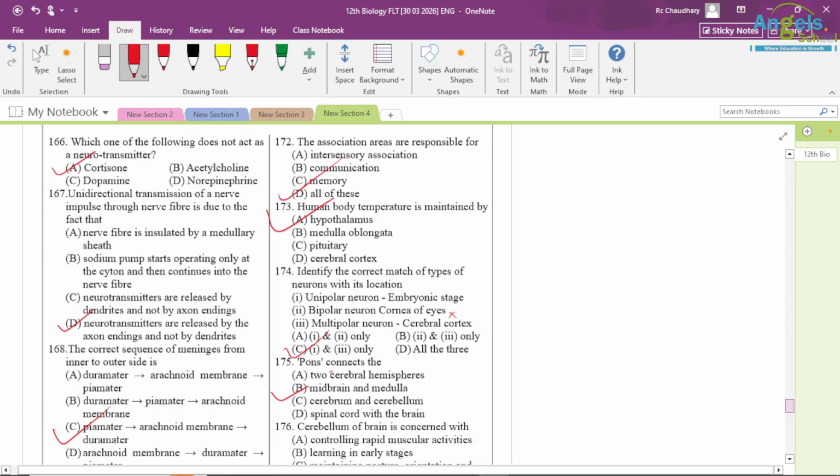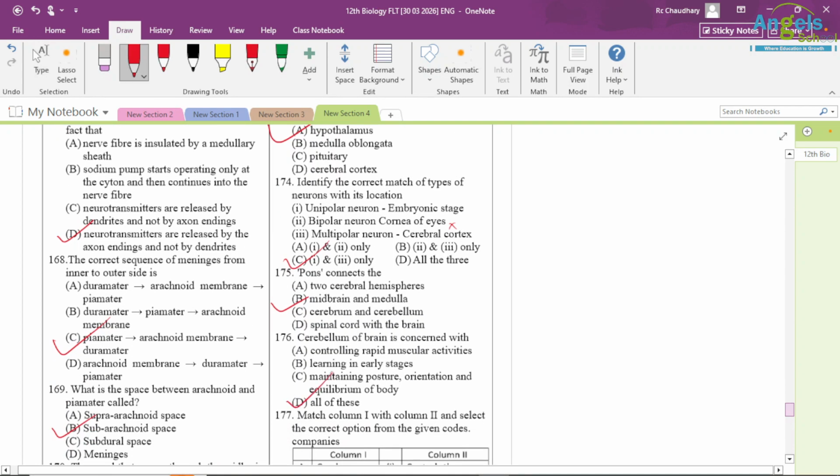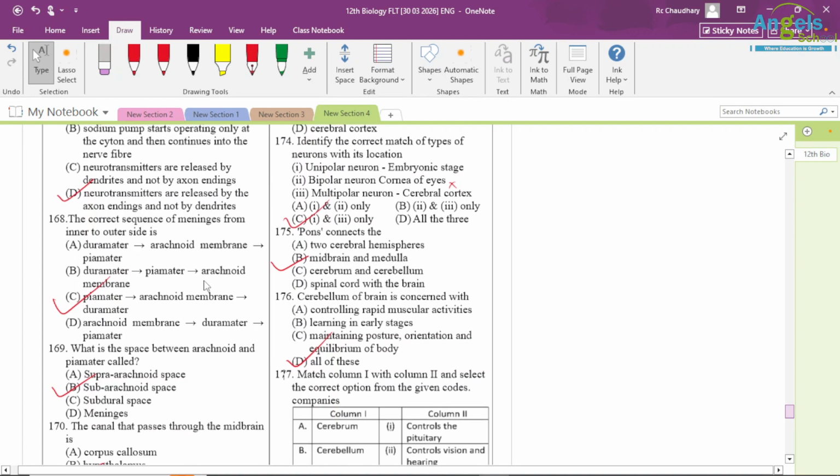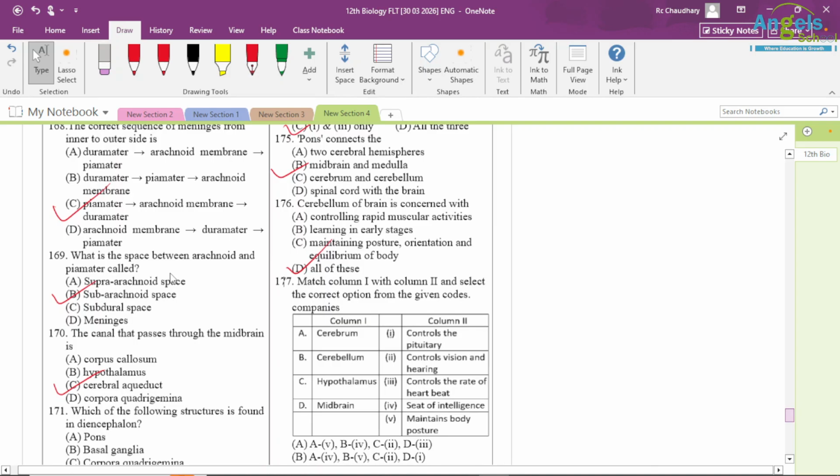The cerebellum of the brain is concerned with rapid muscle activity, learning in an early stage, posture, etc. So all options are correct. Question number 177. You have to match the column. So cerebrum is the site for intelligence, so A4.